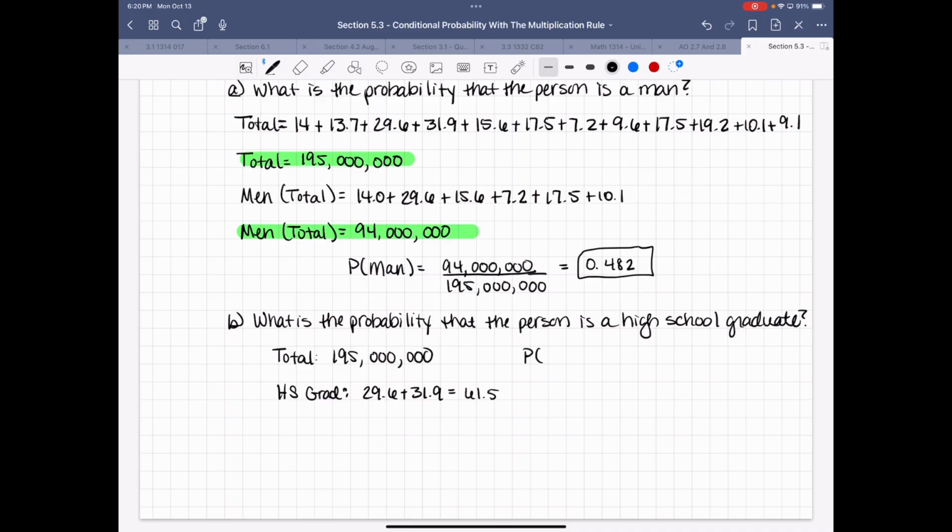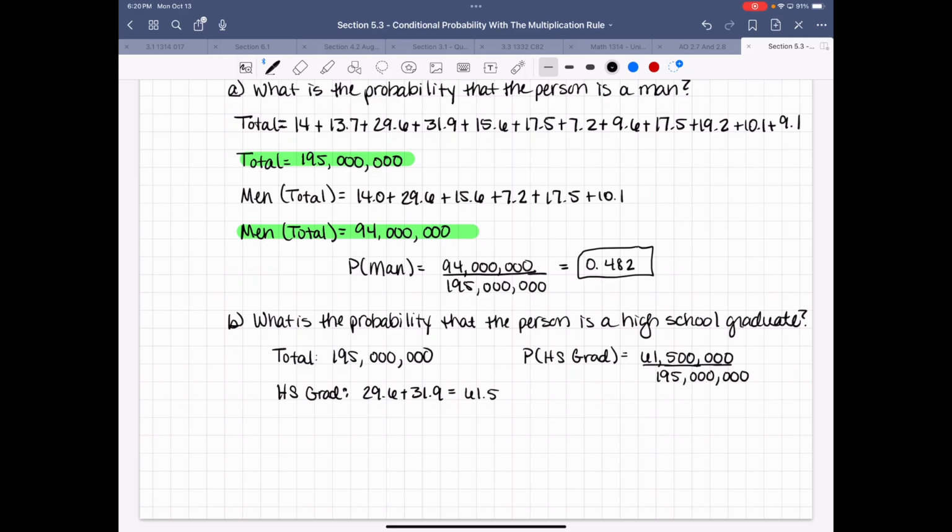So the probability that the person selected is a high school graduate is going to be 61,500,000, or you can actually just put 61.5, that's fine. And you're dividing that by 195 million.